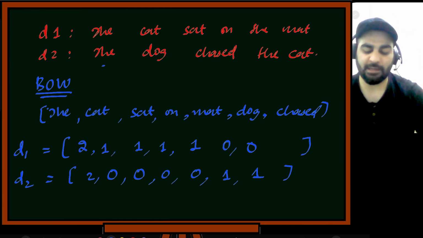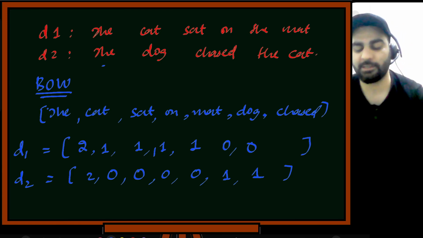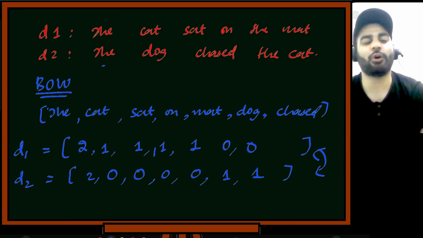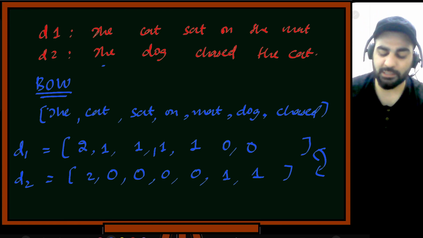Okay, I think this is the representation. So this is the representation of these two vectors. This is all bag of words does. So this is one of the techniques.